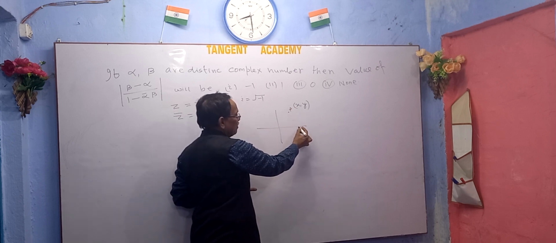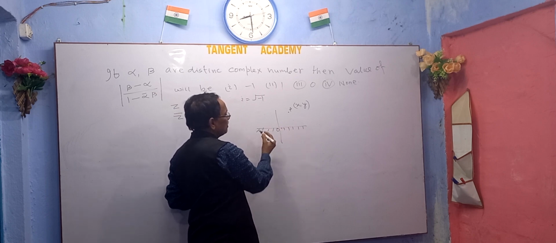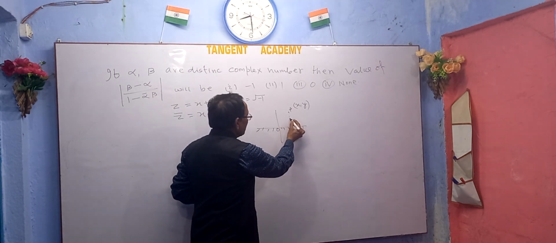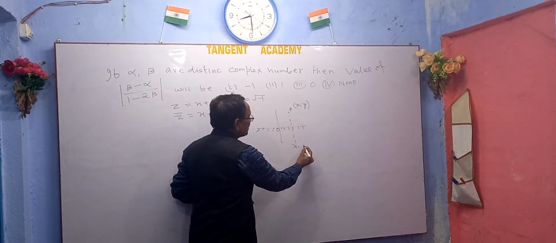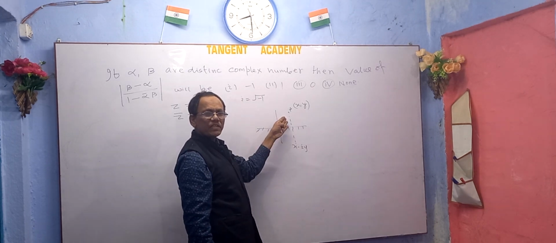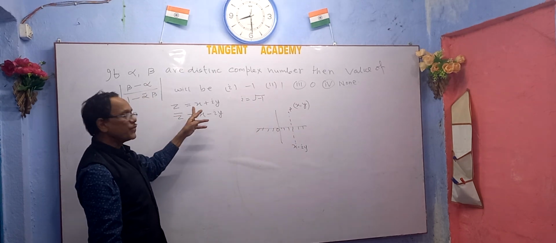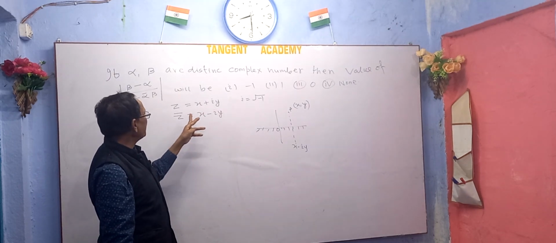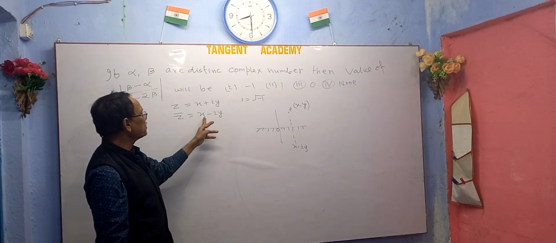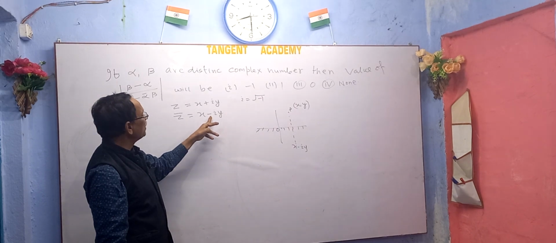If we treat the x-axis as a plane mirror, then its image will be x minus iy, only the sign of the y coordinate changes. So the conjugate of any complex number x plus iy can be written as x minus iy. The middle sign will be changed.